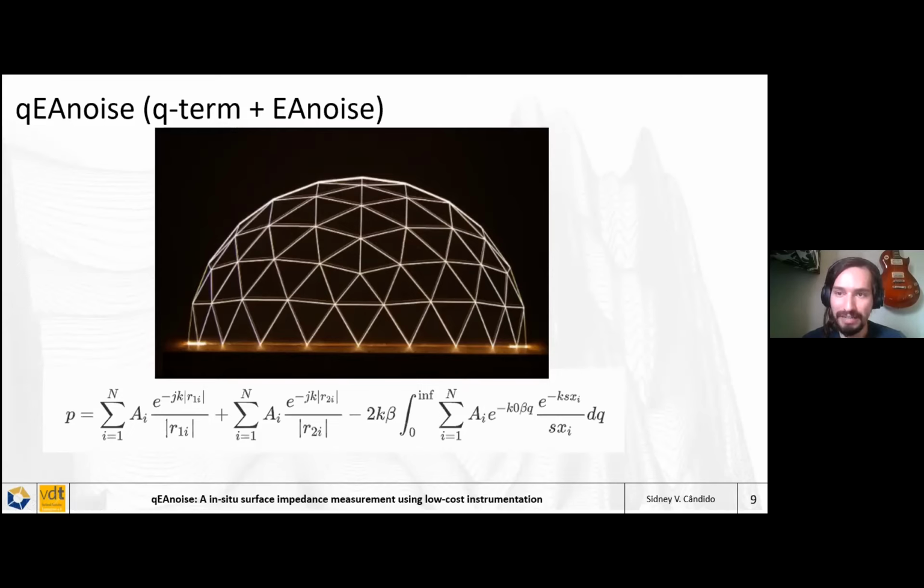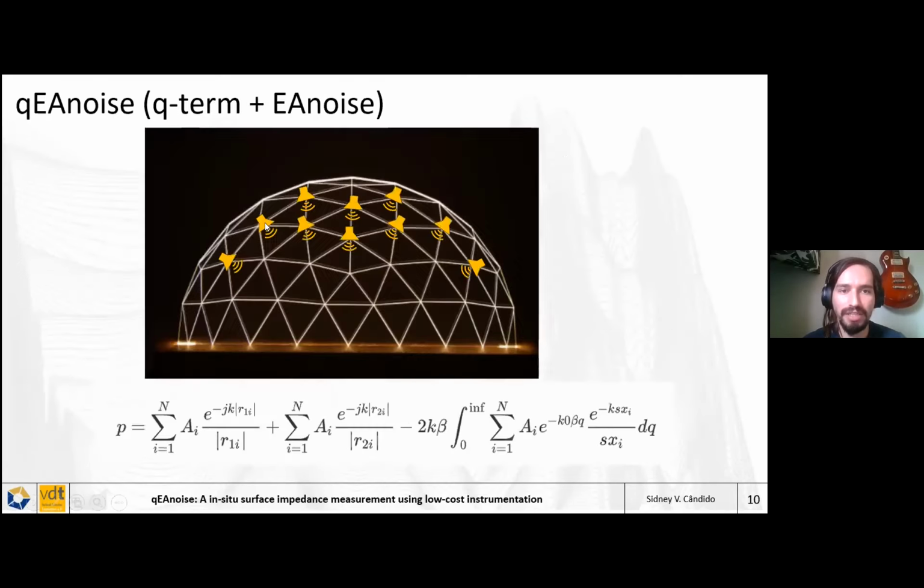And what I did was to put a sound source in each point of this spherical dome, creating a dome with a lot of sound sources. And not only that, I multiply a random pressure for each one of these sound sources.